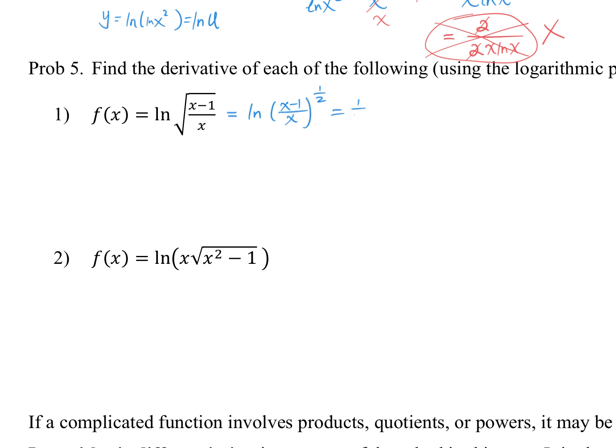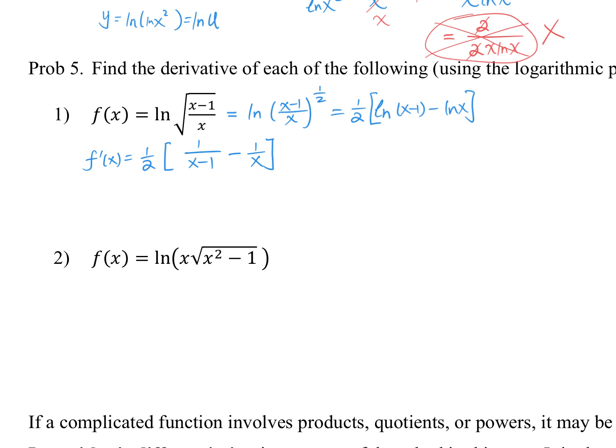And then pull the 1/2 exponent to the front, and then you have a quotient. The quotient becomes the difference of the two logs. Now we actually prefer to differentiate this expression rather than that expression. So now f prime of x equals 1/2 times 1 over x minus 1. The derivative of x minus 1 is just 1, so 1 here, minus 1 over x.